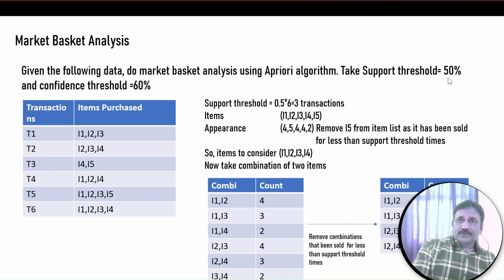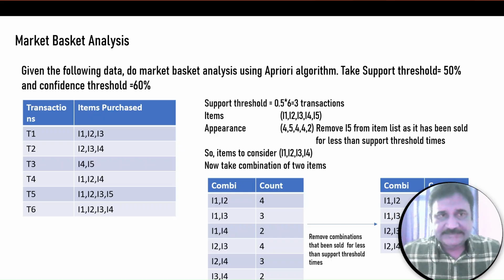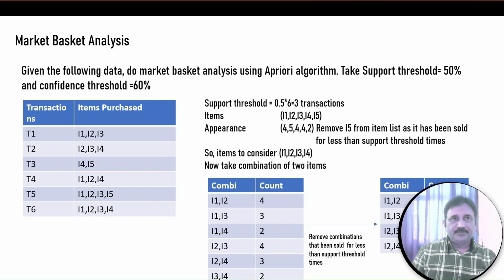That means we will go ahead with a particular item in our market basket analysis only if out of 6 transactions, it is there in 50% of them. 50% of 6 transactions means 3, so it should be there in 3 transactions. Then only you will take that item ahead in the analysis.